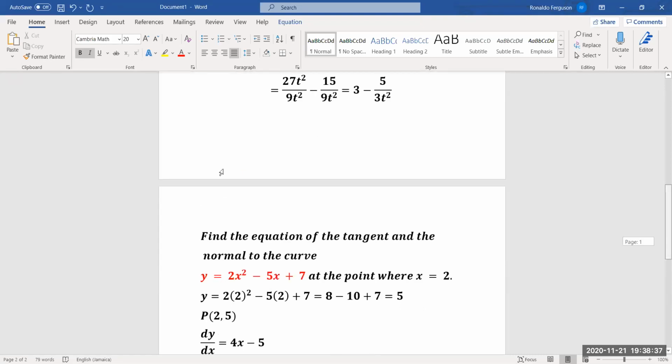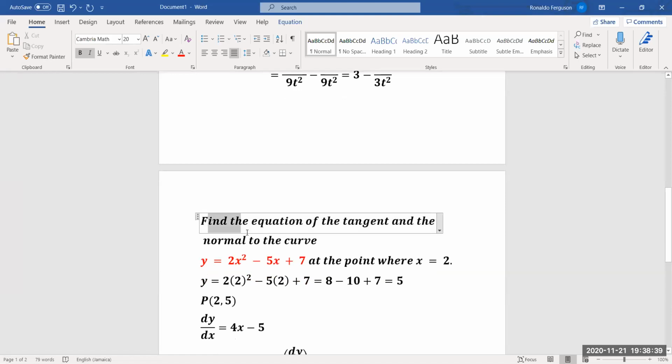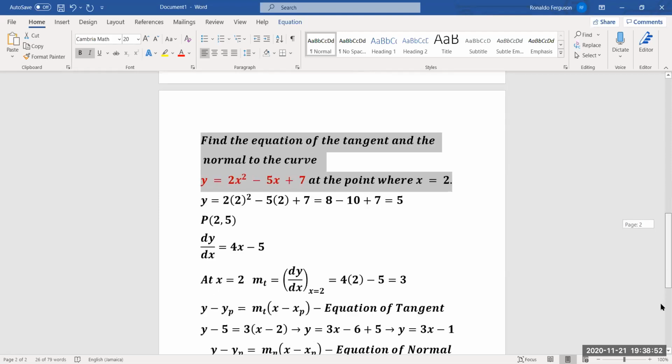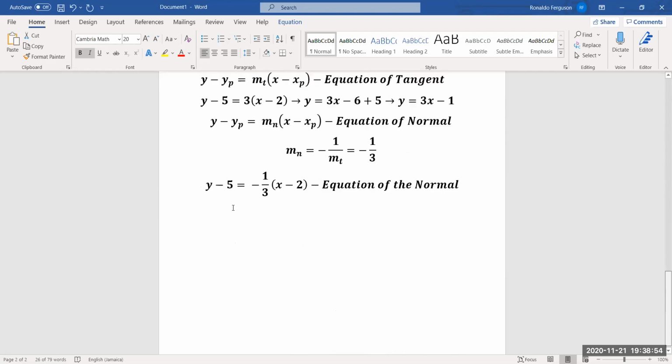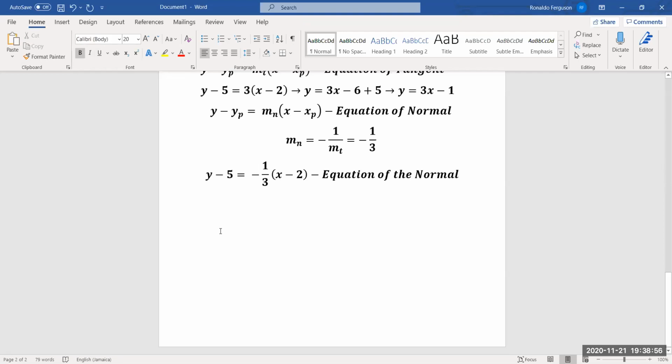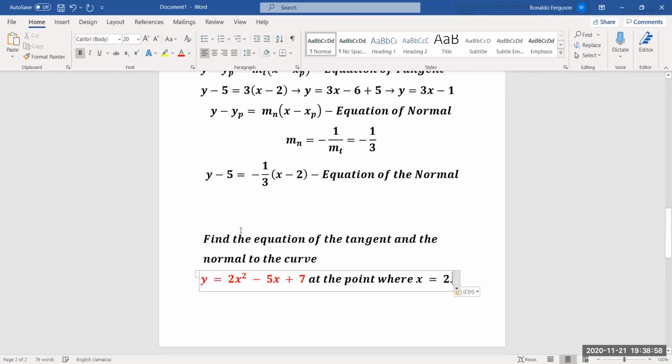All right, so I'm going to give you an example to do now. Find the equation of the tangent and normal to the curve. I'm going to give you a different curve.